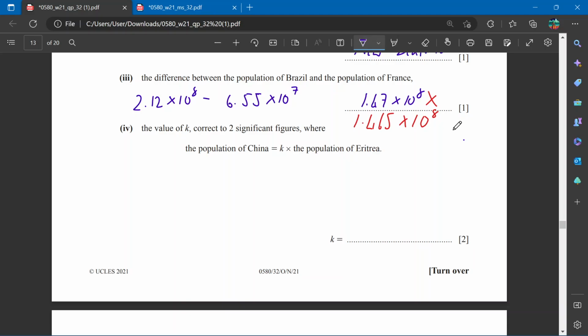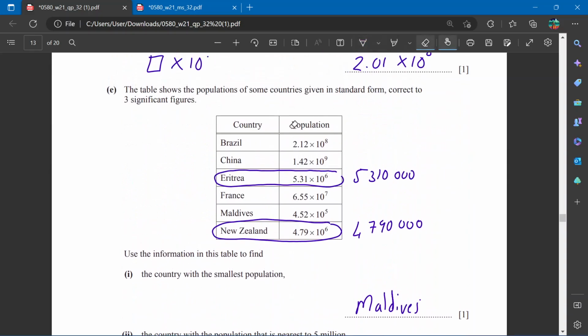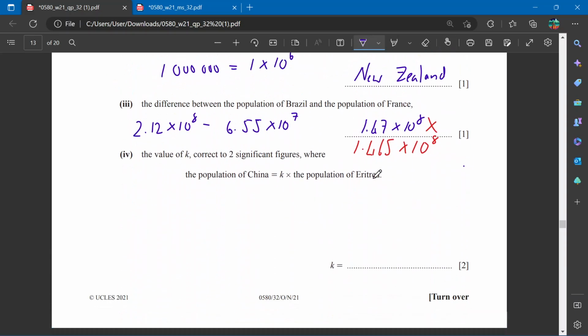Right, the value of k correct to 2 significant figures where the population of China equals k times the population of Eritrea. So, meaning, let's just write down, this is confusing. Let's write down the population of China, which was 1.42 times 10 to the power of 9. Like that.